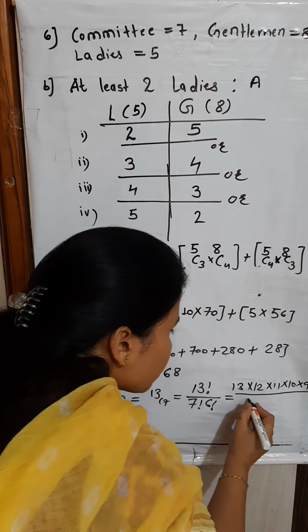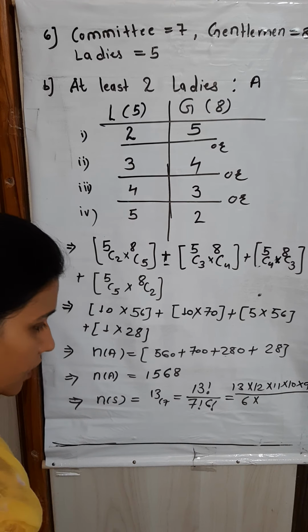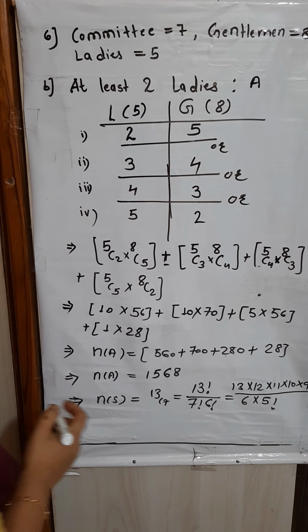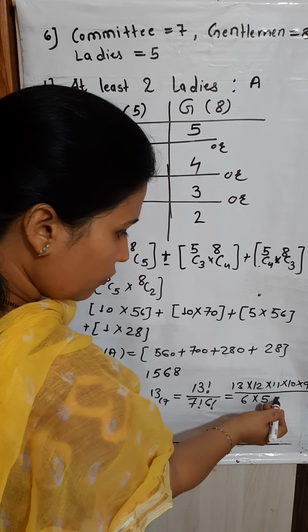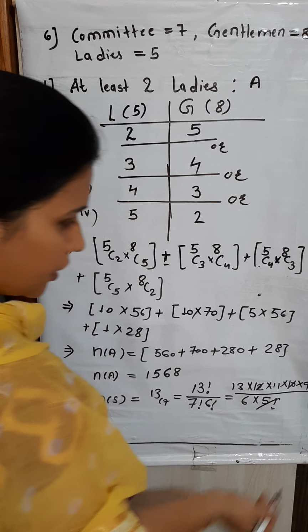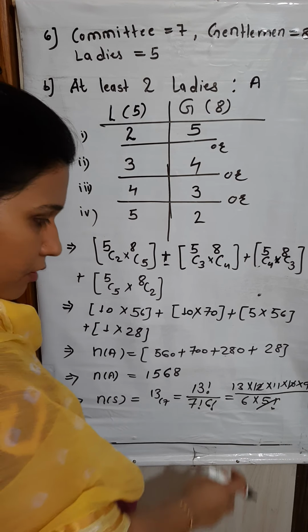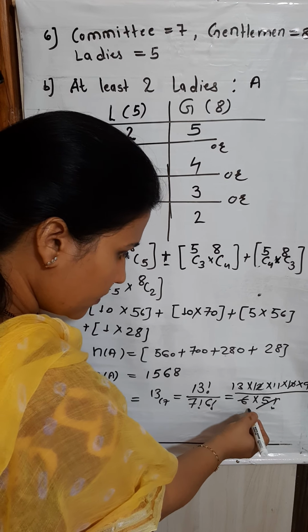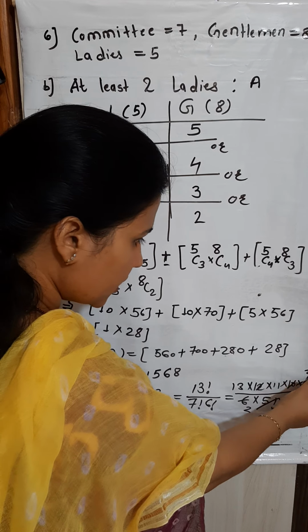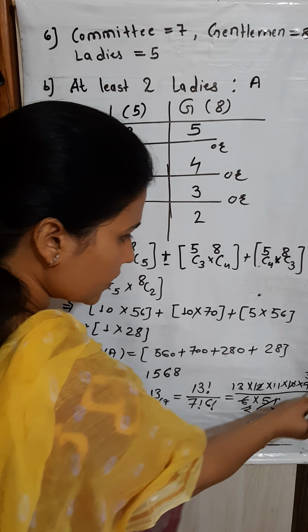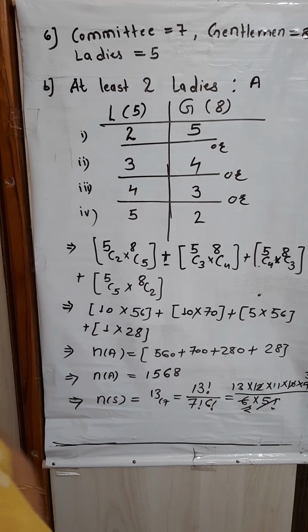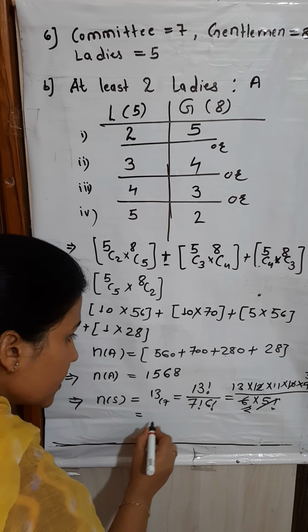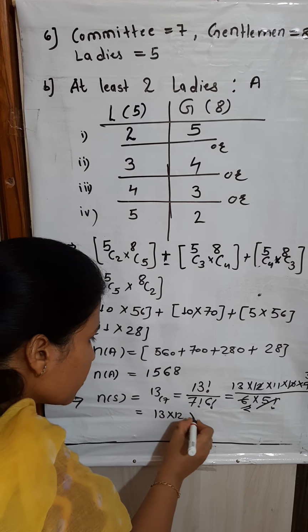And here we will write 6 factorial, that is 6 into 5 factorial. Now, 5 factorial has value 120 and 12 into 10 is also 120, so we can cancel directly. Now for 6, by using 2 and 3, it can be divided 2 times and this 3 times, and again using 2 we can divide it 4 times. So 4 into 3, 12, 13, 11, this thing will remain. So what is the value of 13C7? It is 13 into 12 into 11.